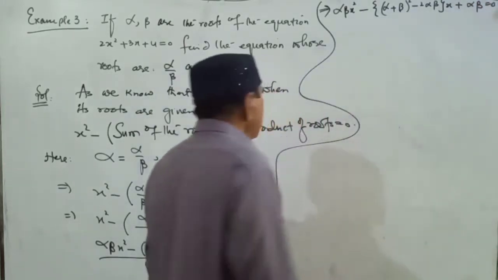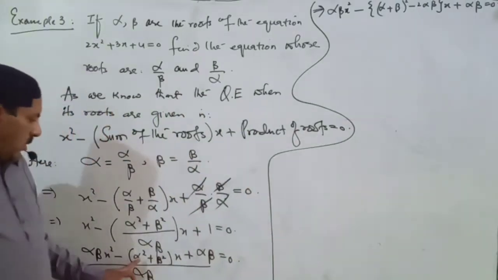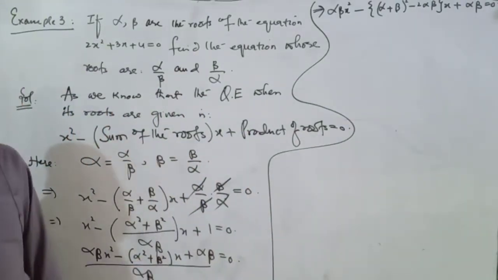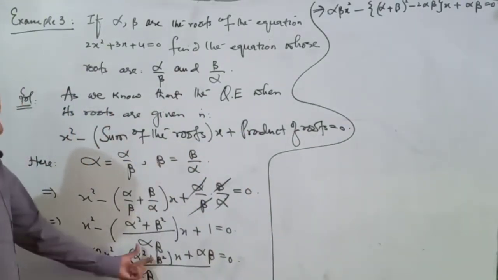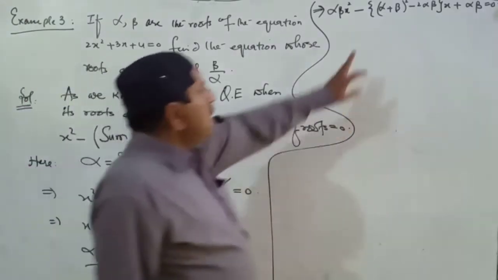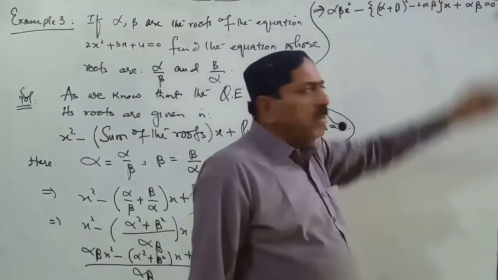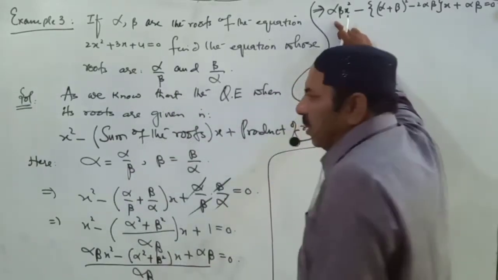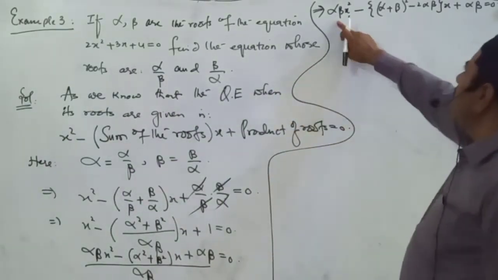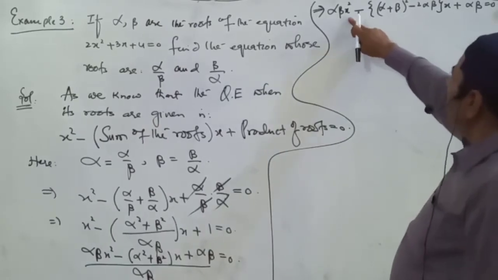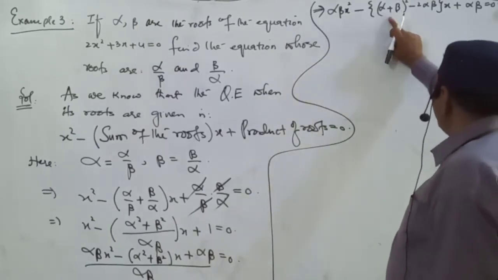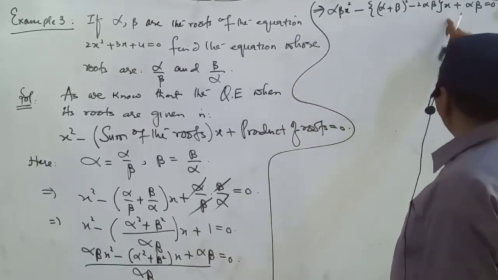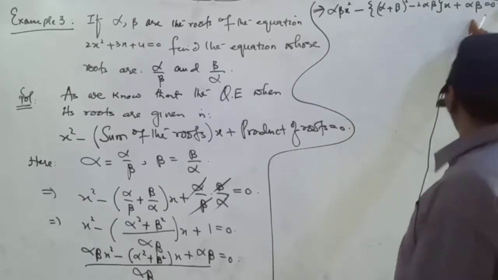When we convert the square of two values, it is just like (alpha plus beta) whole square minus twice of alpha beta. So this is the product of roots x square minus (sum of roots whole square minus 2 into product of roots) x plus alpha into beta, which means the product of roots, is equal to 0.